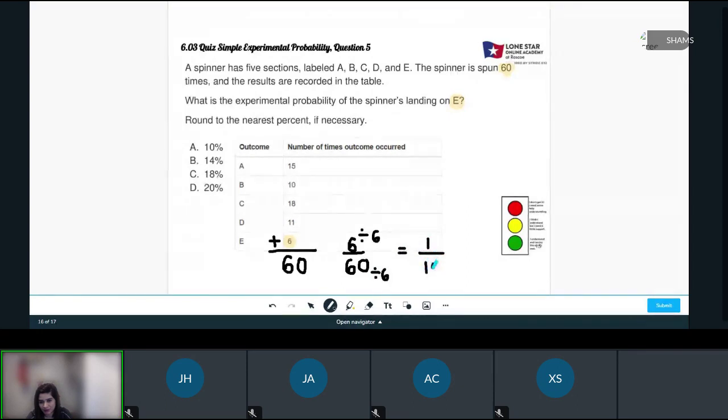And because percentages are out of 100, you can multiply your 1/10 by 10, and that will give you 10 out of 100. 1/10 is also 10 out of 100. So your correct answer is going to be 10%.